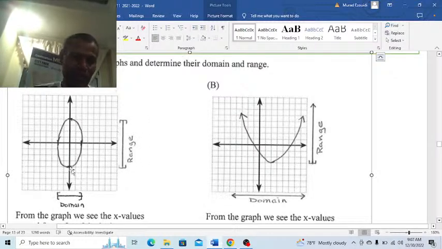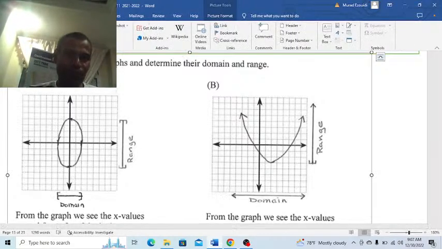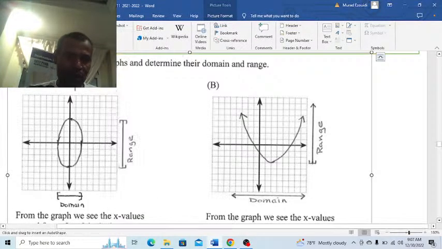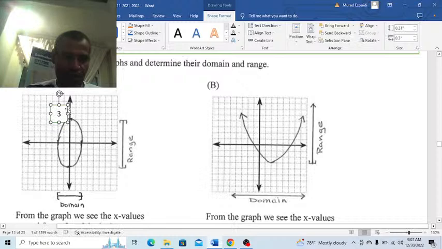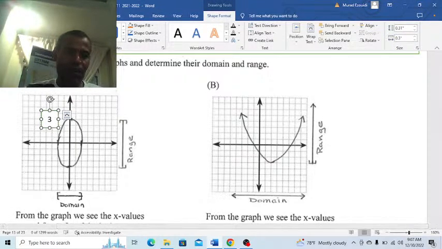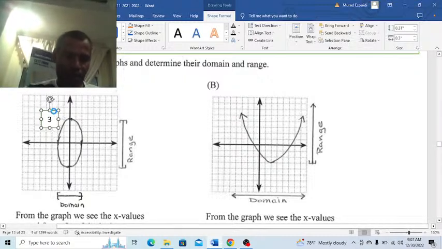For example, if we suppose this is -2, this is 2 for example, or 3. Here, learners, what I mean is this point, this value is 3, and the next value is -3 for example.